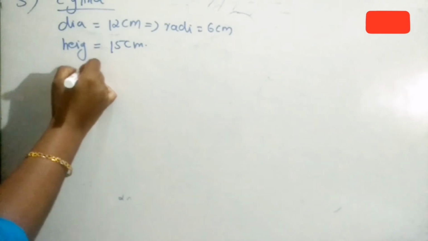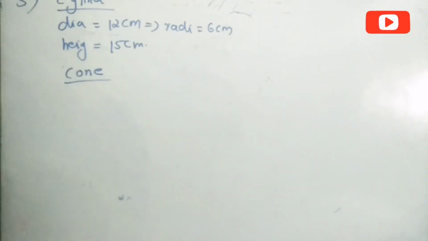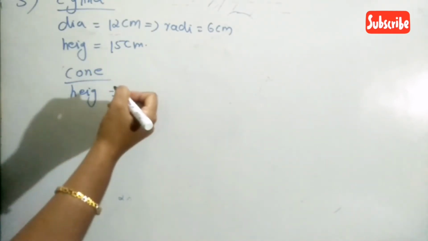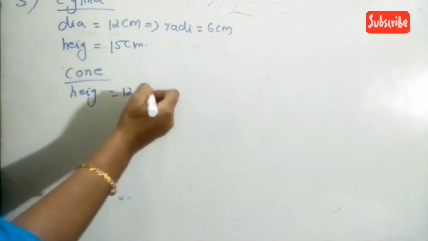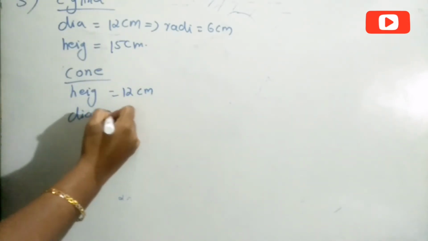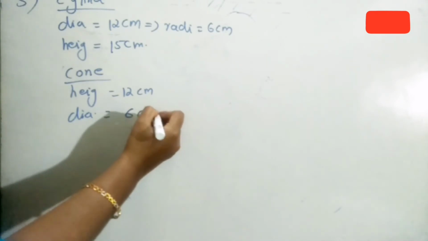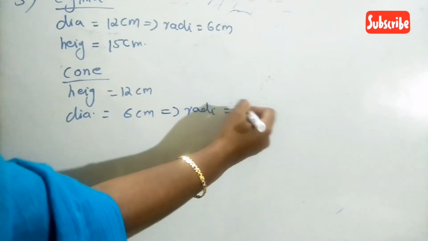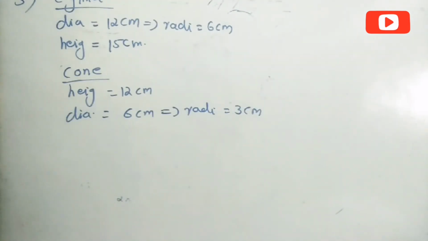The next figure is the cone. Cones of height 12 centimeter and diameter 6 centimeter, so the radius is 3 centimeter, having a hemispherical shape on the top.